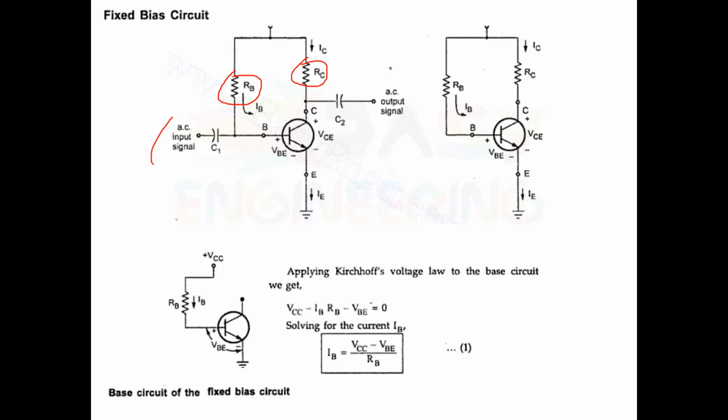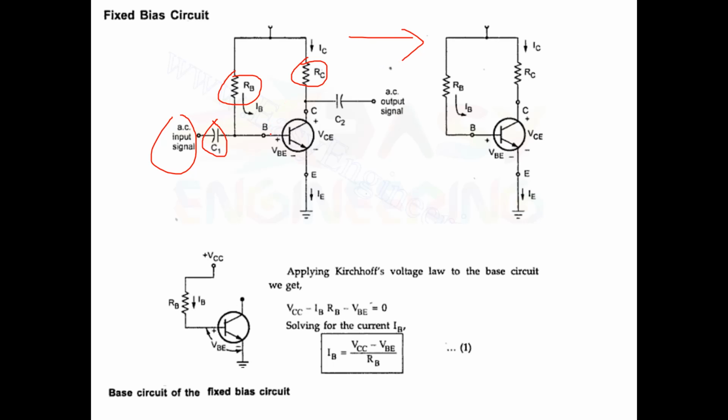We have the AC input signal. Here C1 is the blocking capacitor. What does it block? It blocks DC. Next, for the DC biasing mechanism, you have to omit this AC input signal, so the circuit is converted into a DC biasing circuit.